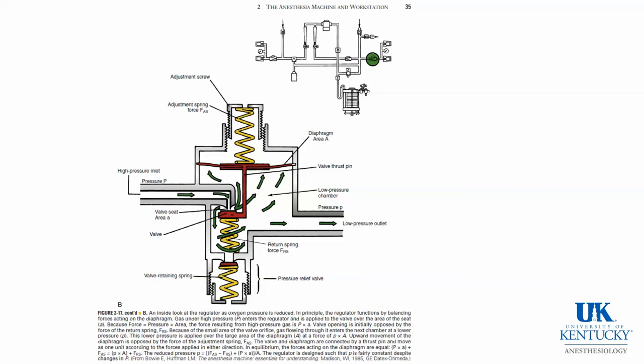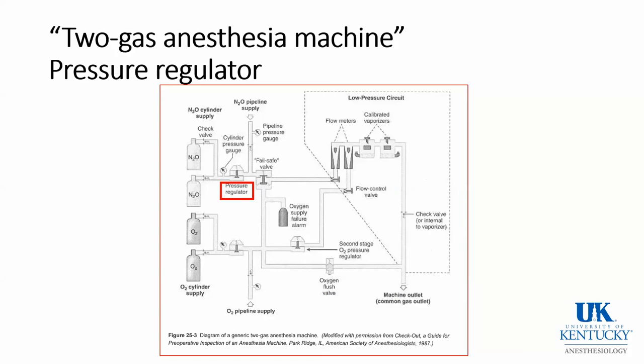The design of the regulator is to keep the low pressure fairly constant despite changes in the higher inlet pressure. This is a familiar two-gas anesthesia machine schematic, and I've outlined the location of the pressure regulator for nitrous oxide and the second stage oxygen pressure regulator.